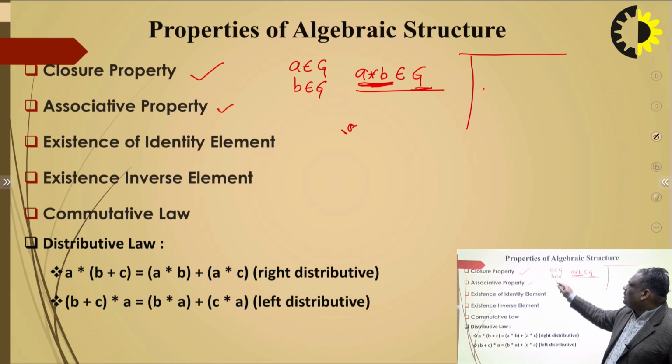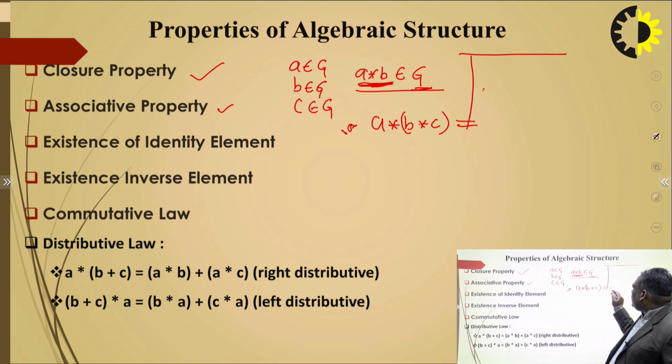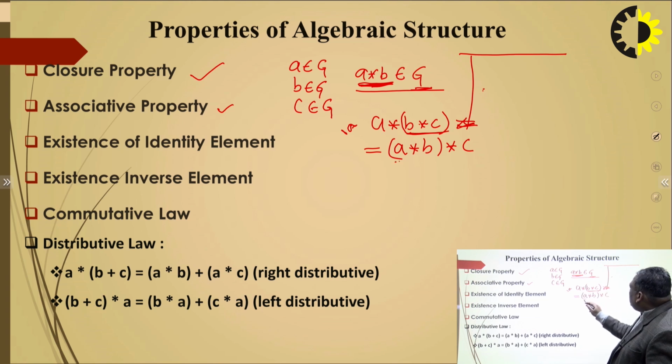Suppose A, B and C are elements of G, then (A binary operation B) binary operation C is equivalent to A binary operation (B binary operation C). This one is known as associative.